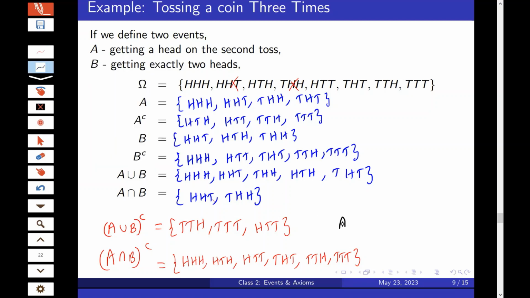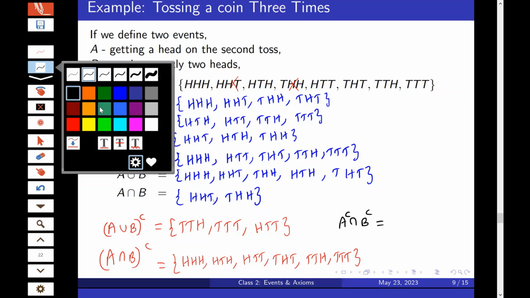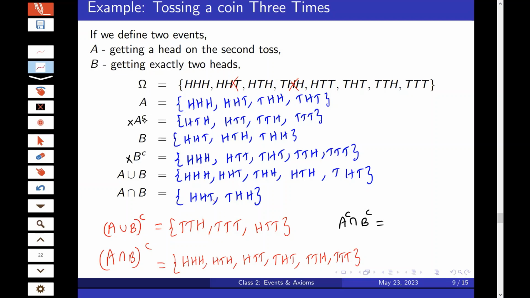Now let's find A complement intersection B complement. That means the intersection between these two, so I'm going to mark the common items from A complement and B complement. HTH: is there HTH? No. HTT, yes, HTT is there.